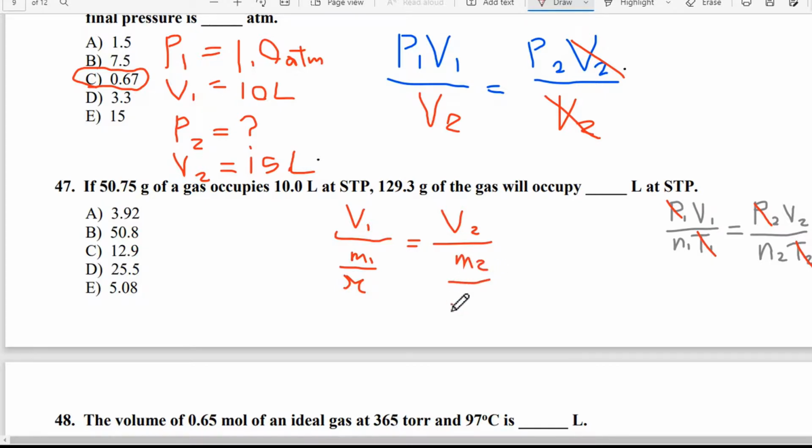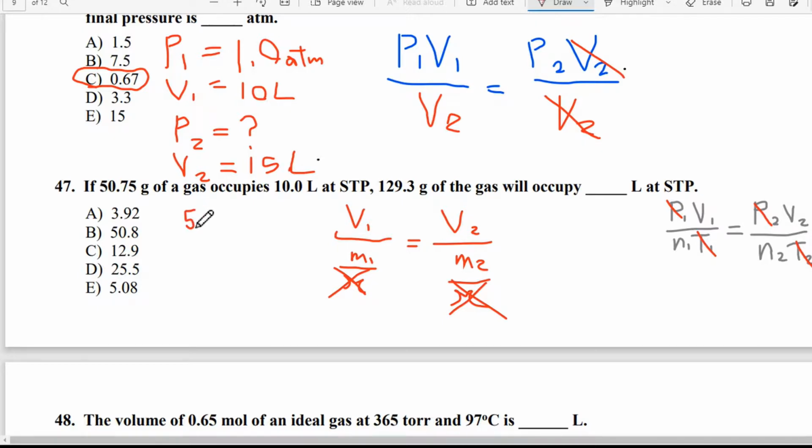But here's the thing, the molar mass is the same, right? So I can really actually just eliminate this from consideration. So I can just basically say volume 1 over mass 1 is equal to volume 2 over mass 2, cross multiply and solve.